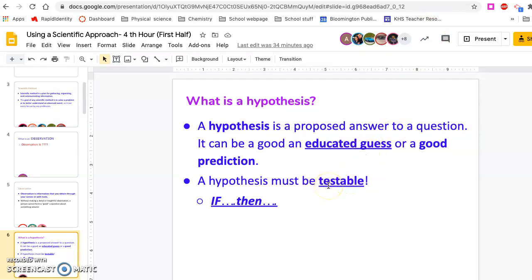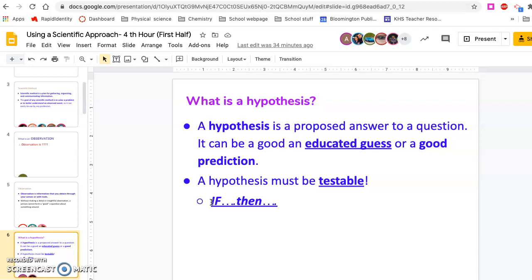That means you have to have a result afterward. And pretty much all hypotheses at the high school level will start with "if," something that you do, and then the second word you have to have in it is the word "then," a consequence. So if something is done, then there's a consequence. If I were to switch out my soccer shoes, then I would have less foot pain. Okay?